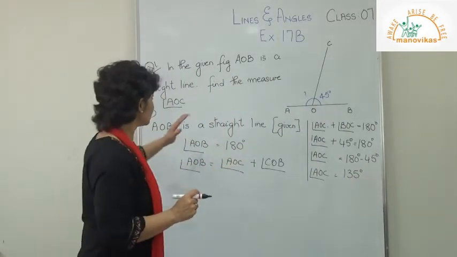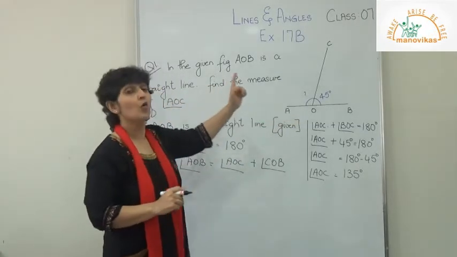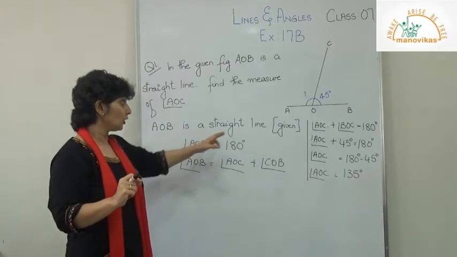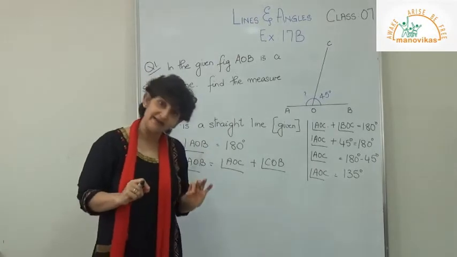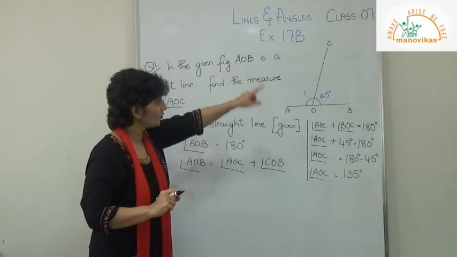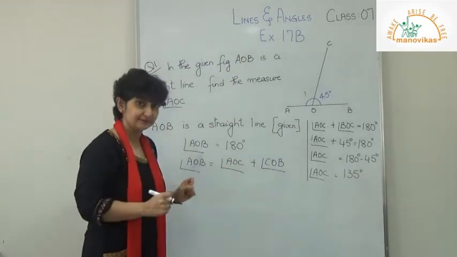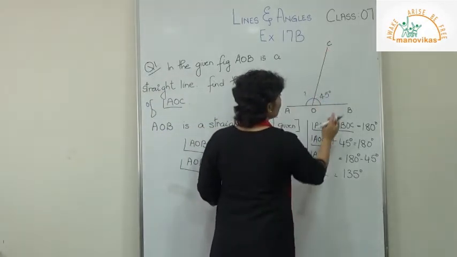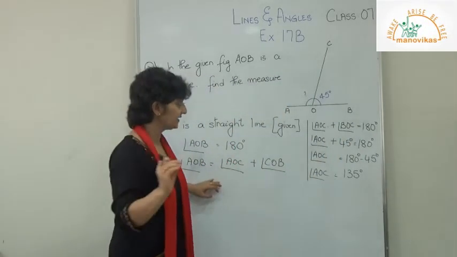Have you understood? So remember, you have to write it in steps. You know that AOB is a straight line. It is given to you. So whenever AOB is a straight line, that means angle AOB is equal to 180 degrees. Now what is AOB? It is equal to angle AOC and angle COB, or you can put it as BOC. So that means angle AOC plus BOC is equal to 180 degrees.